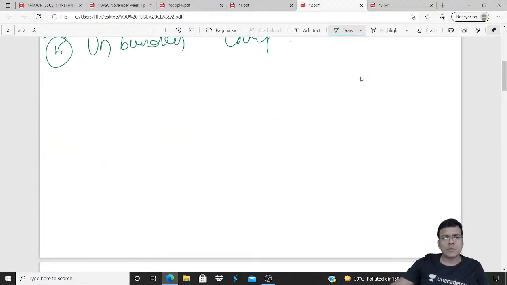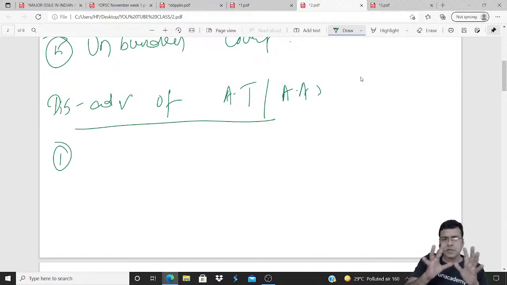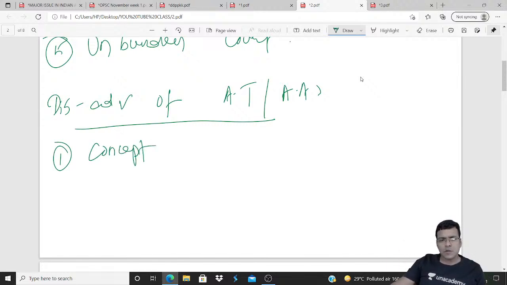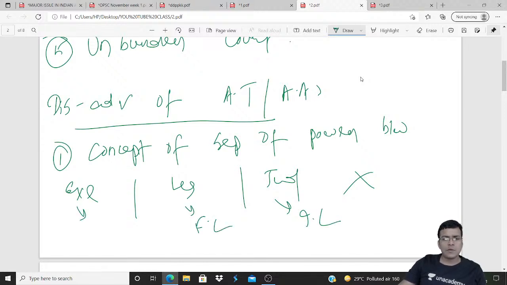Okay, now you have to write the disadvantage of administrative tribunal or administrative adjudication. So very simple thing, the disadvantage of tribunal: the concept of separation of power between executive, legislative, judiciary is violated, because according to this, the judiciary should interpret law, legislator formulate law, executive implement law.